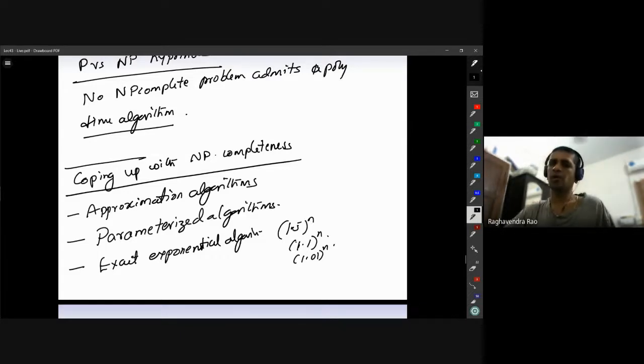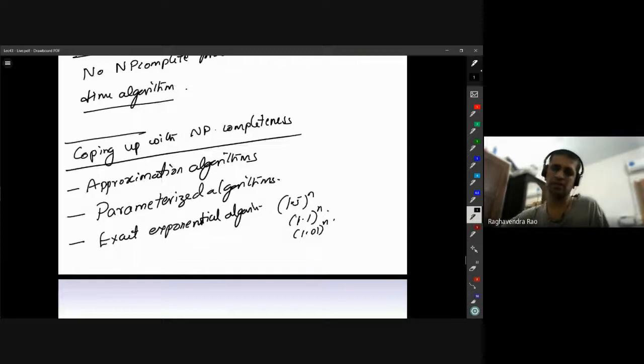If I can improve it to 1.1 power n, at a practical level I can actually solve a lot of instances. With 2 power n, I can solve up to maybe 2 power 10 or 2 power 20, and beyond that will be infeasible. Whereas with a 1.01 power n time algorithm, I can solve up to 100 or 200 instances. So that way these things have practical relevance.